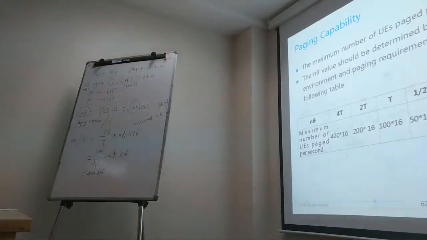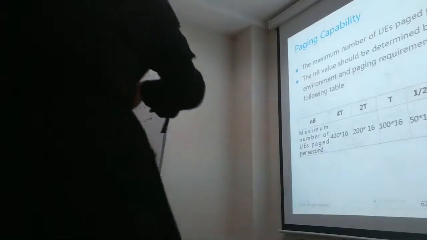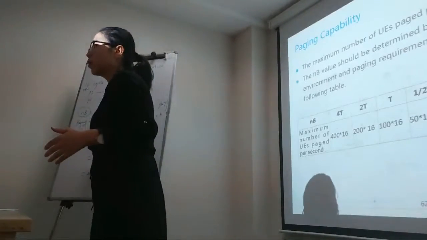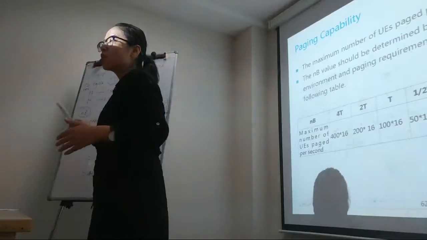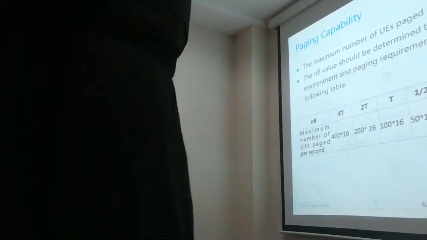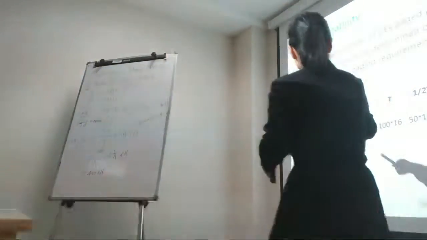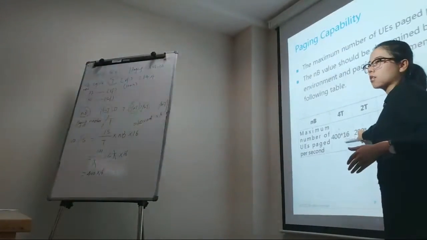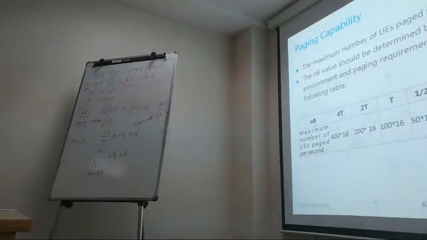The traffic module is different, the users are many, so you should configure a bigger value. It relates to our traffic. So for different MB, you get a different capacity.